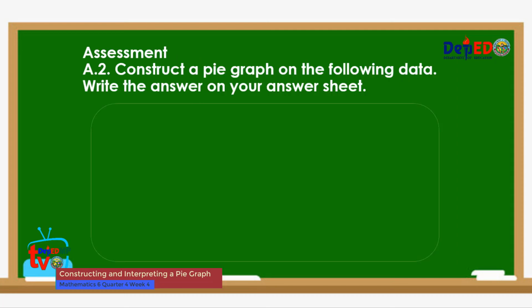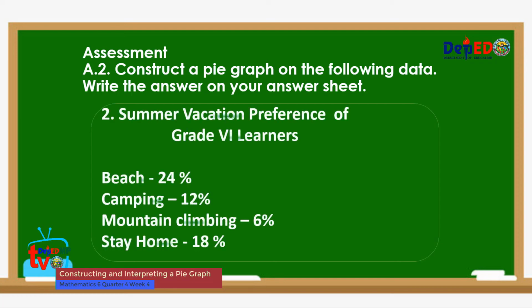Assessment letter A number 2. Construct a pie graph on the following data. Write the answer on your answer sheet. The title is Summer Vacation Preference of Grade 6 Learners. Beach has 24%, camping has 12%, mountain climbing has 6%, and stay home has 18%.